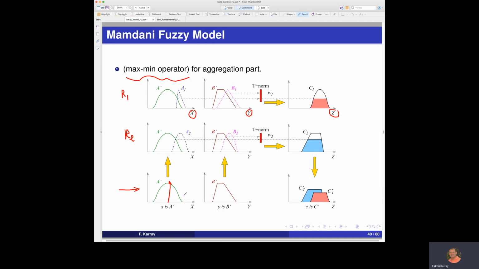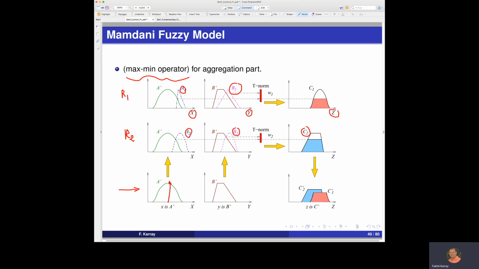So let's look at the first rule. The first rule tells us if A1 and if B1, then we have C1. So that's the first rule. The second rule tells us if A2 and B2, then we have C2. As if this is the temperature, if temperature here is high and humidity is low, then you have air conditioner is high.